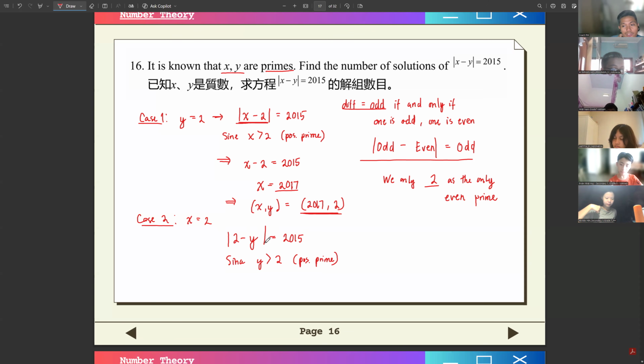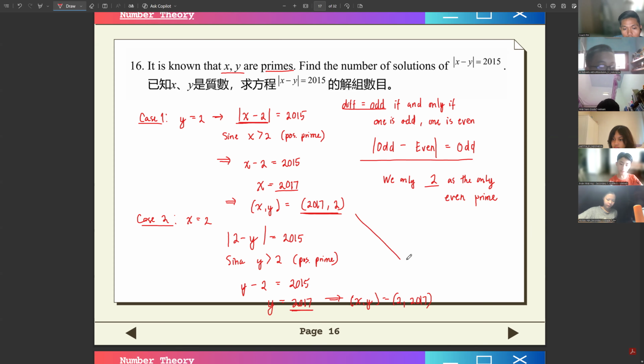But since it's an absolute value, it should become positive, so you can just make this y minus 2. So it's actually the same as case 1. You just have a different variable. So your y is equal to 2017. Our solution here is x is equal to 2, y is equal to 2017.